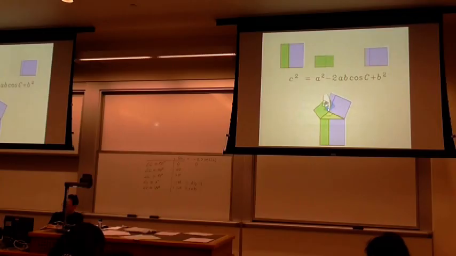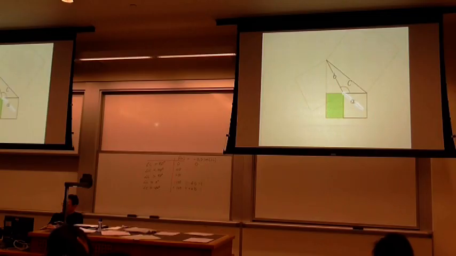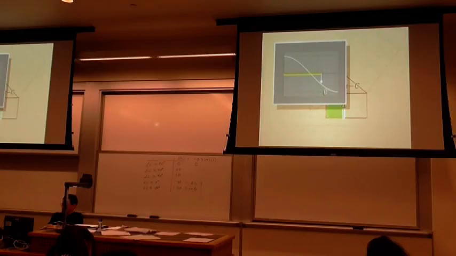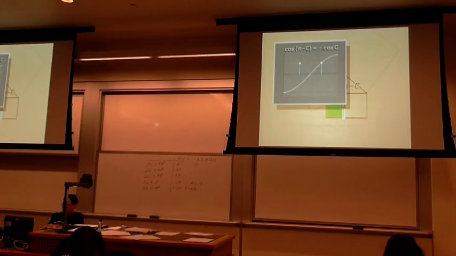For angles greater than a right angle, the same formula works, even though we now add A squared plus B squared. How much do we add? One side of the green rectangle is A. To find the length of the other side, look at the triangle above it. This side has length B times the cosine of pi minus C. If this is C, this is pi minus C. So the cosine of pi minus C is the negative of cosine C. But that's a positive number when C is greater than a right angle.